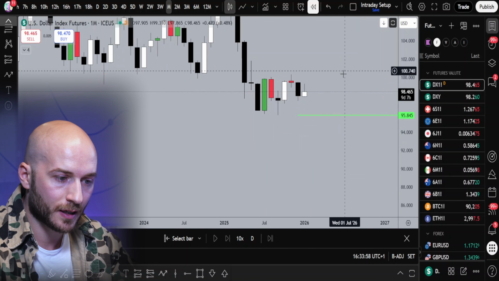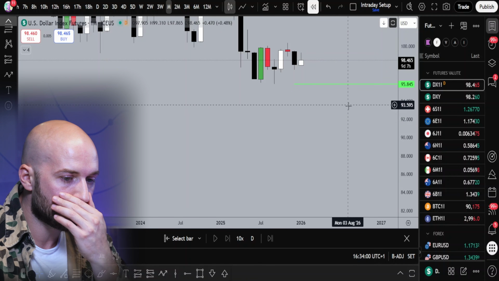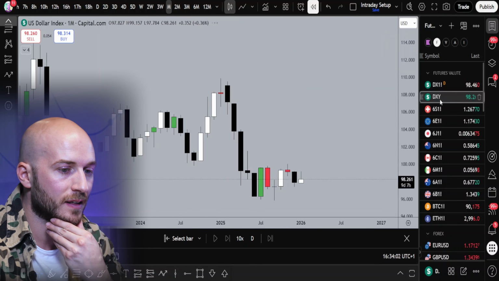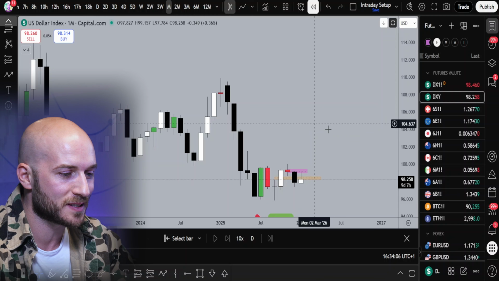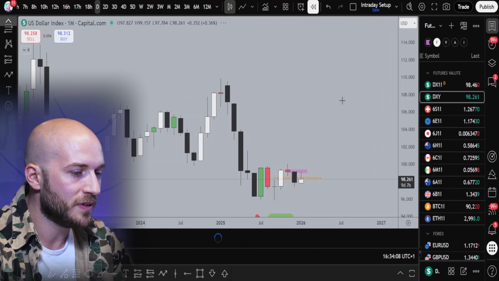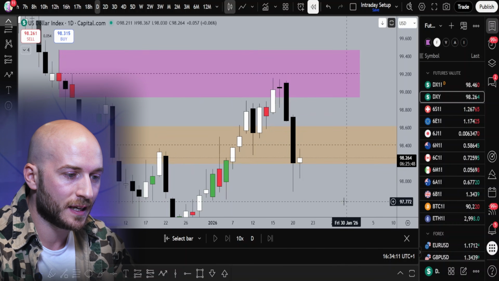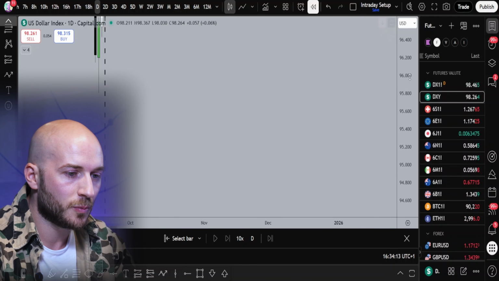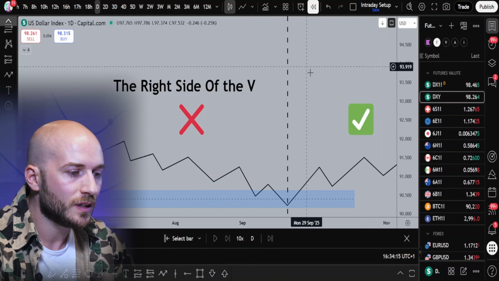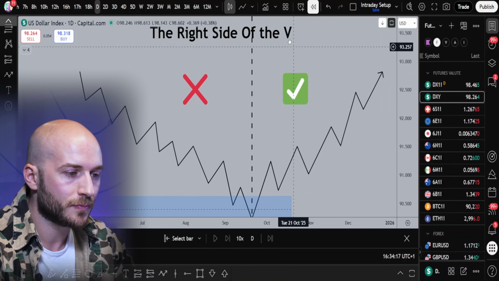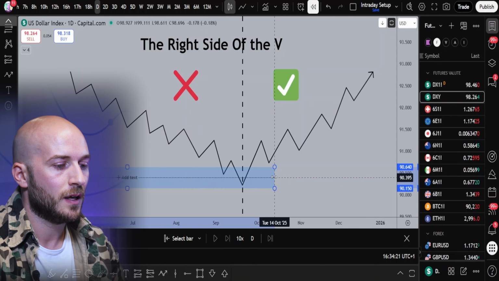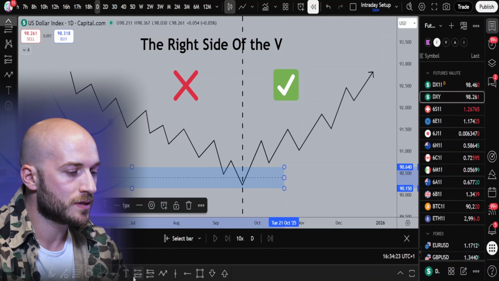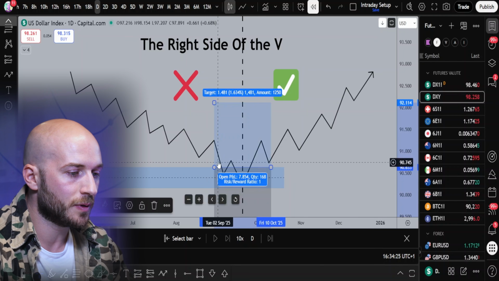The other thing that I want to mention is the right side of the V. I tried to explain it in the podcast, but here it's more visible. In your strategy, when you're finding the point of entry, right here we have a demand zone, but I don't set a buy limit order right here.